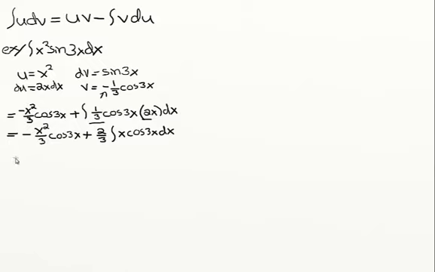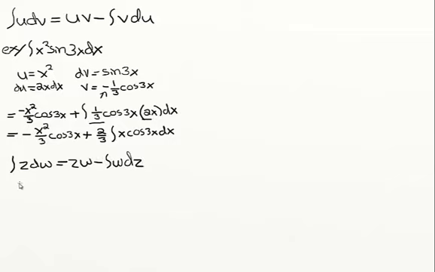parts again. This time, however, I'm going to change the variables, and we're going to do the integral of z dw is equal to zw minus the integral of w dz. That's just so we don't get confused using u and v again.